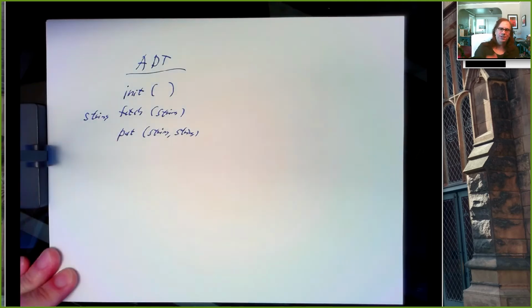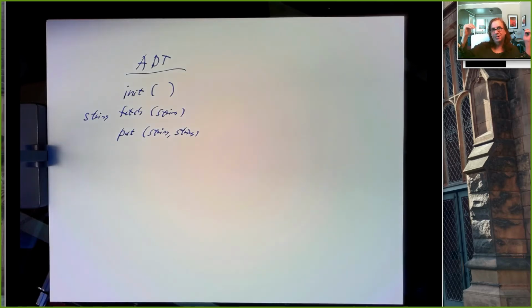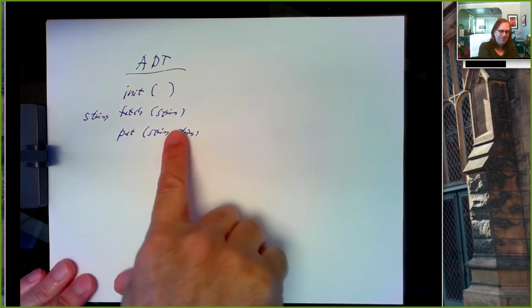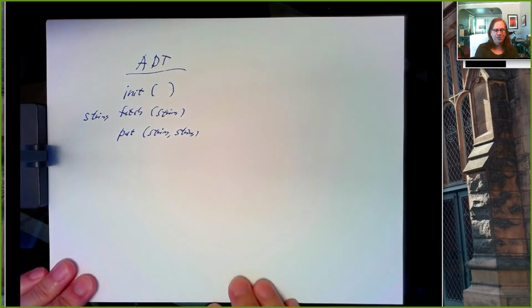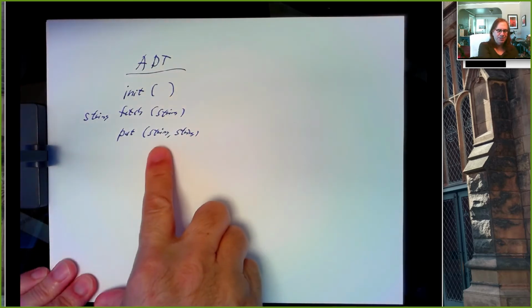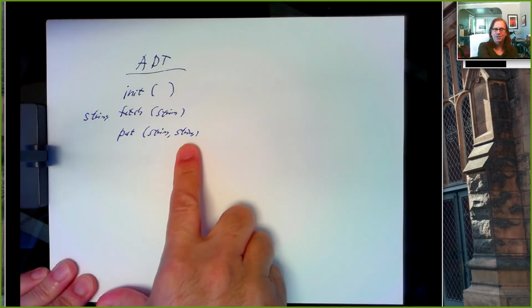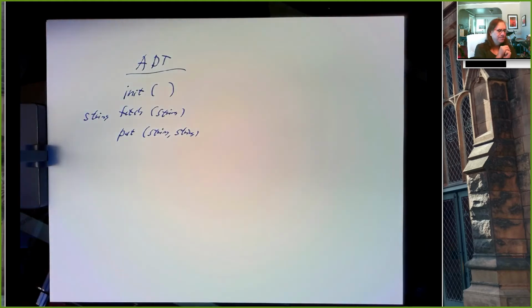Whether you're storing this using some kind of probing to deal with collisions, or you're making a linked list of entries, doesn't affect the fact that when I want to get a string, I just say fetch, give it a string, I get a string back. When I want to store something, I say put, I specify the key and the value pair, and it stores it in your hash.